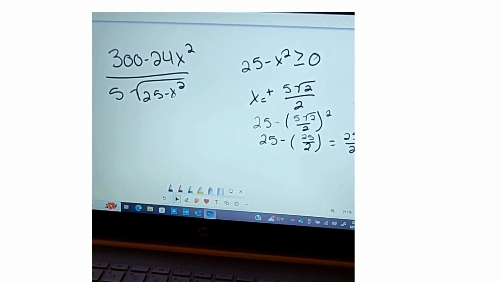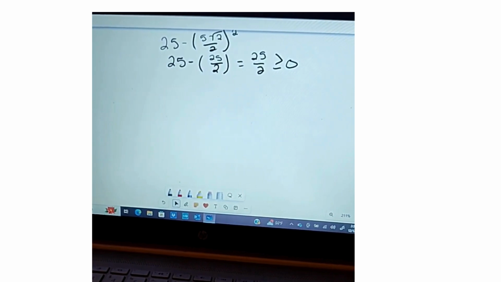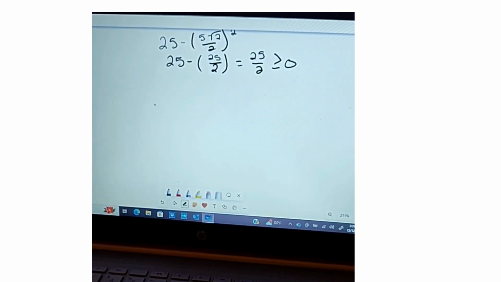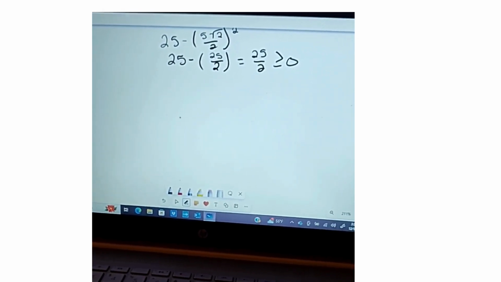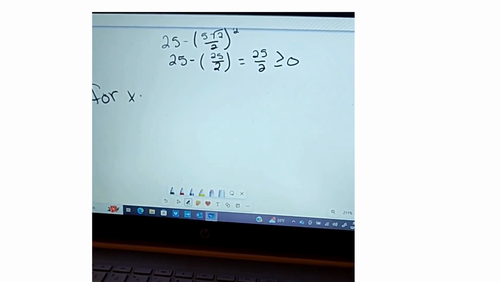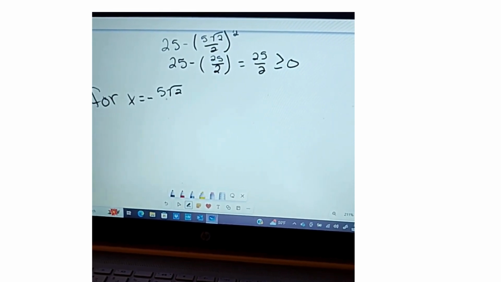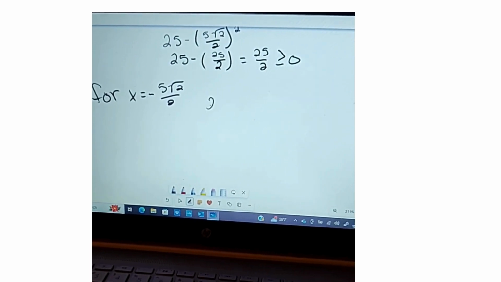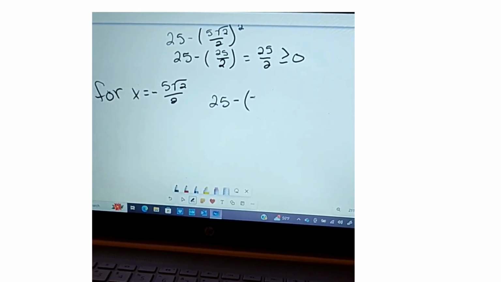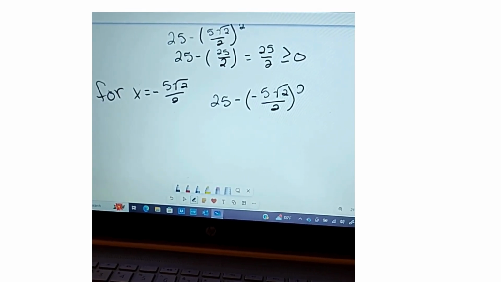so that is true. So now, since we did the positive, we need to do the negative. So for x to equal negative 5 square root of 2 over 2, we will have 25 minus negative 5 square root of 2 over 2 squared.